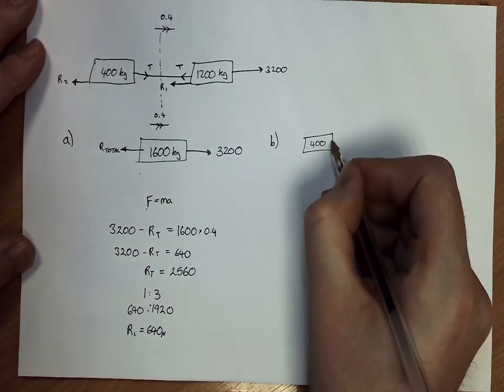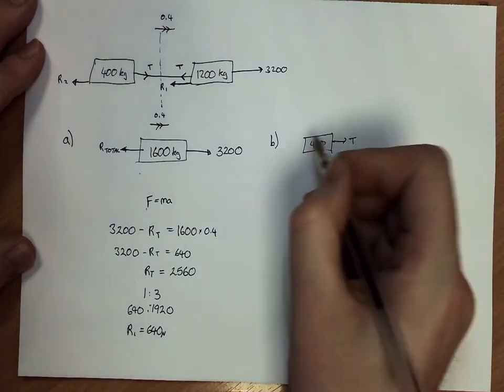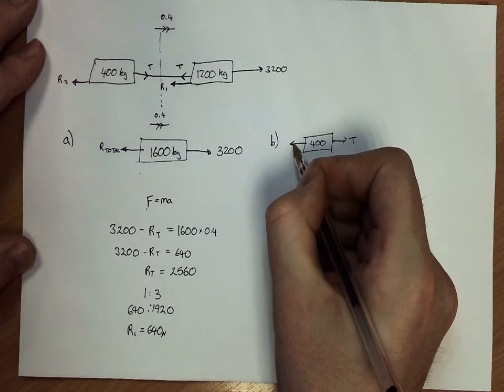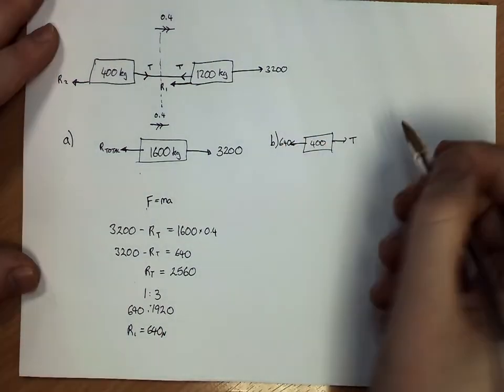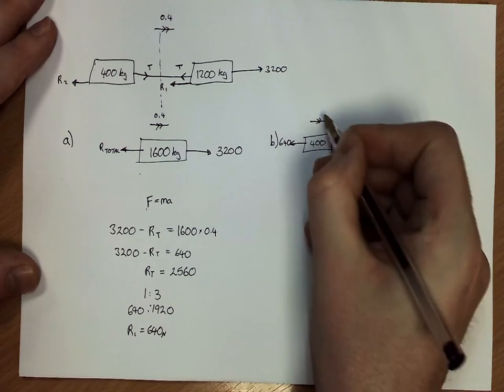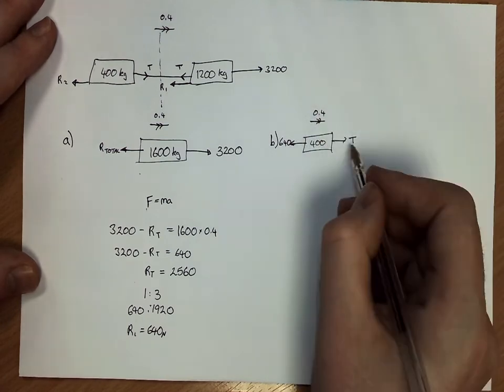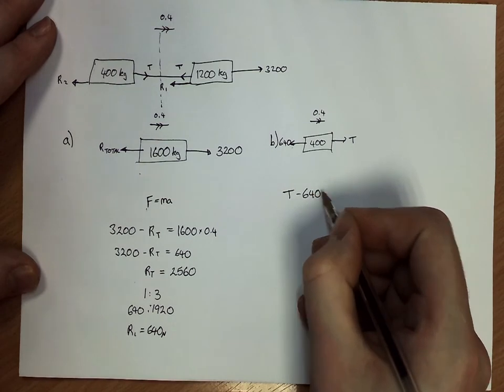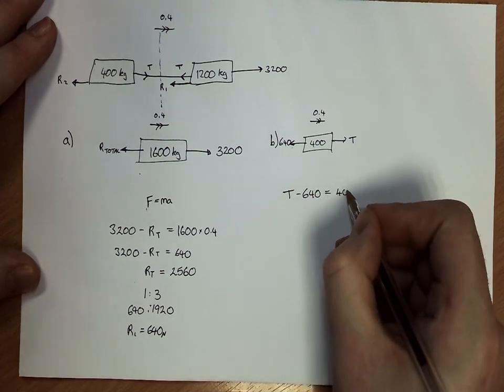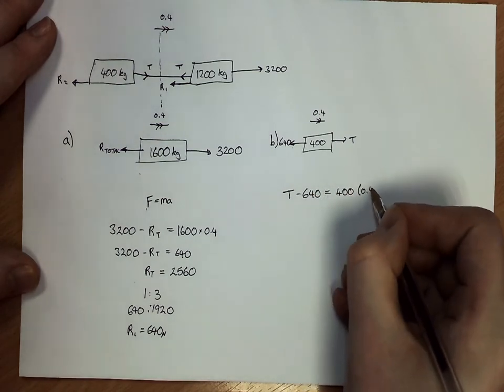So this is 400, pulling this way is tension, pulling this way is R1, but I know R1 is 640, so I'm going to use the 640. It's still accelerating in this direction, so that tells me T is bigger than 640, so T minus 640 equals 400 times 0.4.